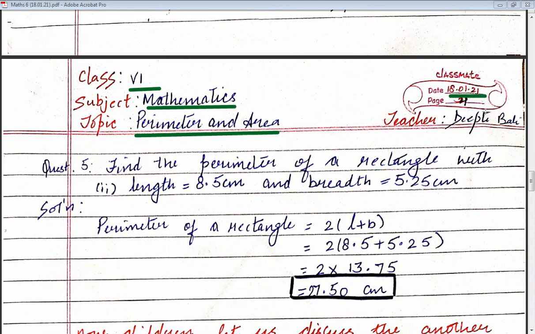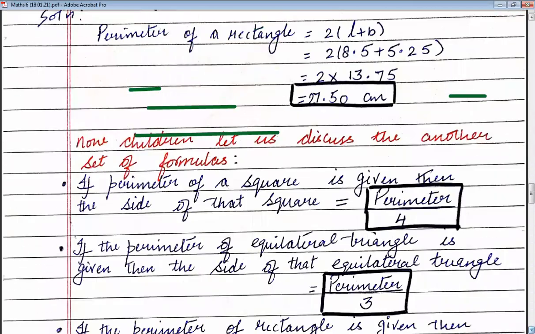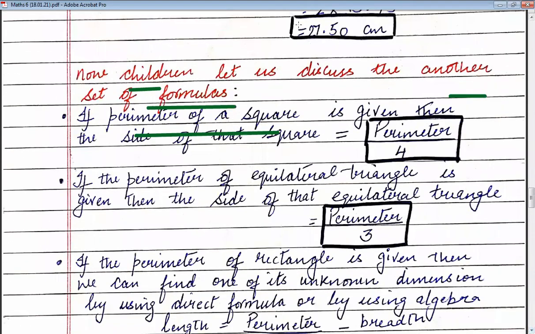Students, we have just discussed how to find the perimeter of a given figure, and then we discussed the perimeter of a rectangle, square, scalene triangle, and equilateral triangle. Now children, let us discuss a few more formulas based on the perimeter.